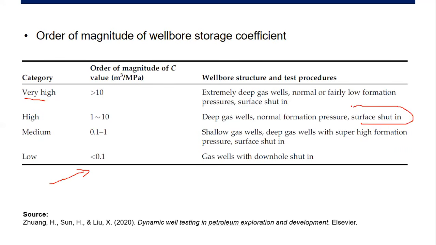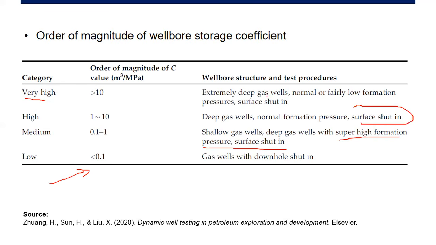So if you shut in your well using a surface valve, don't be surprised if you get high or very high wellbore storage. And medium wellbore storage coefficient, 0.1 to 1, we find it in shallow gas wells or deep gas wells with super high formation pressure and again, surface shut-in.